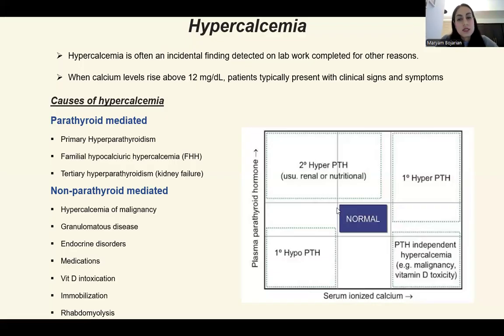And if your calcium is high and parathyroid hormone is high, we have primary hyperparathyroidism or parathyroid-mediated hypercalcemia. And if your calcium is low and your PTH is high, we call it secondary hyperparathyroidism, mostly in the setting of renal dysfunction or severe nutritional vitamin D deficiency.